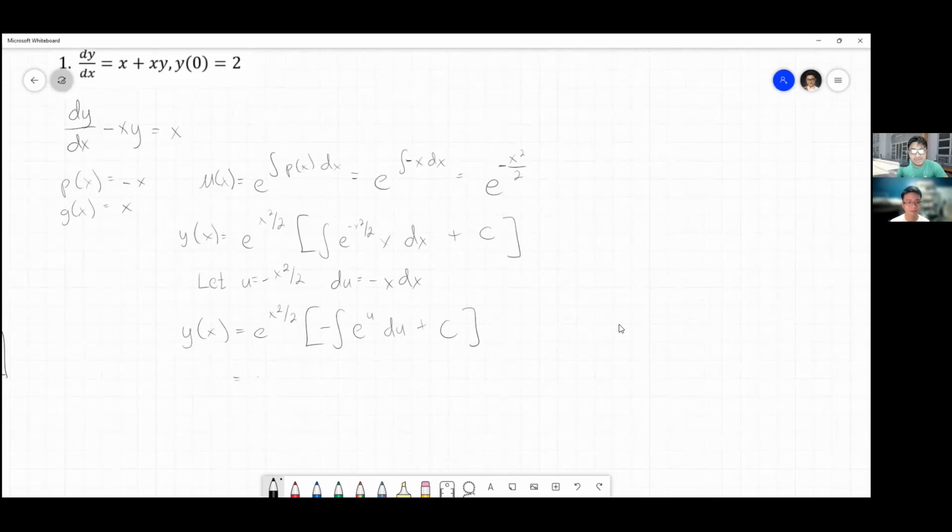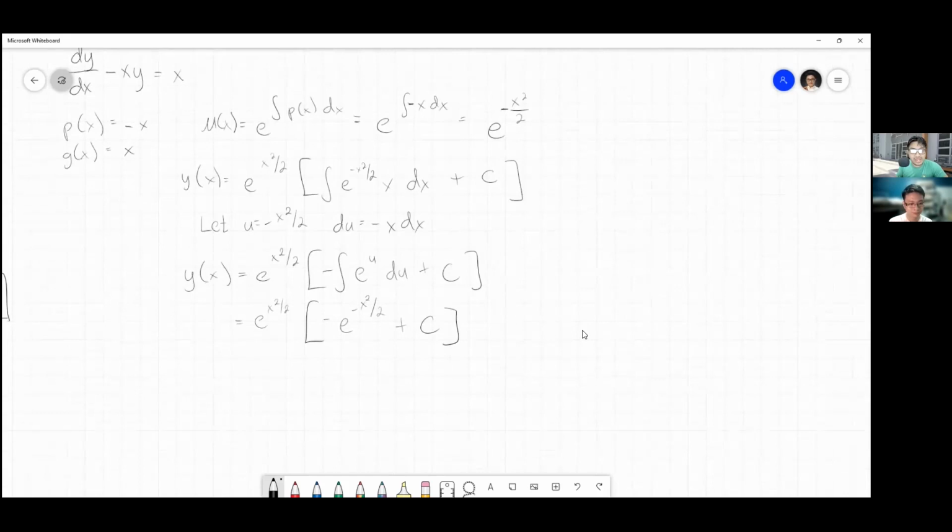So, that becomes e to the x squared over 2 times negative e to the u, wherein yung u natin is negative x squared over 2. Ganyan natin yung square na yan para di tayo malito. So, e to the negative x squared over 2 plus c. Okay? So, dahil pareho naman to, I guess we can distribute this para mas maganda yung form ng ating solution.